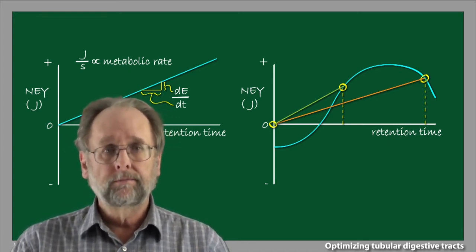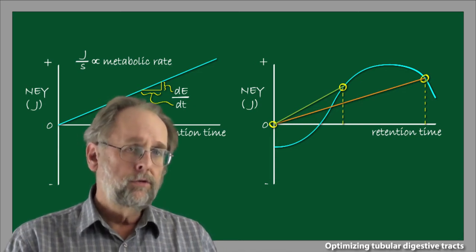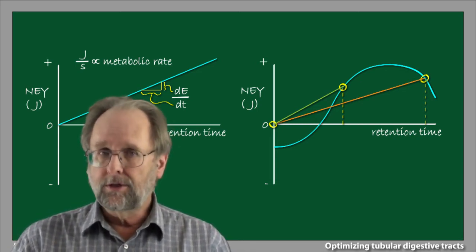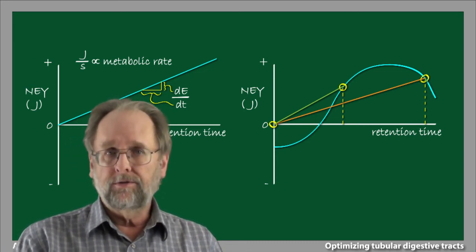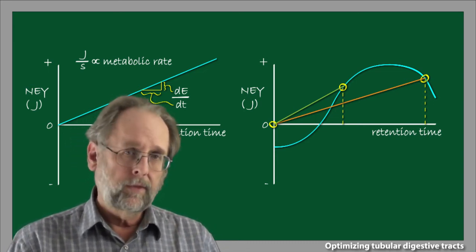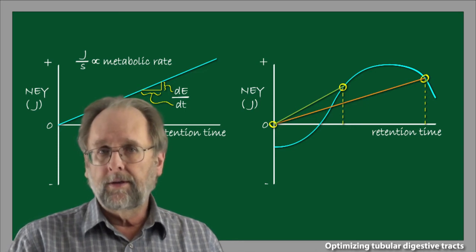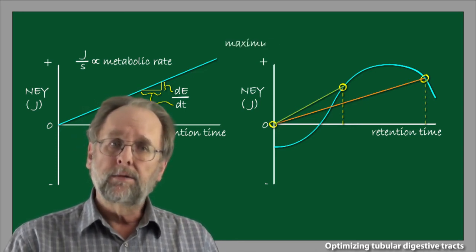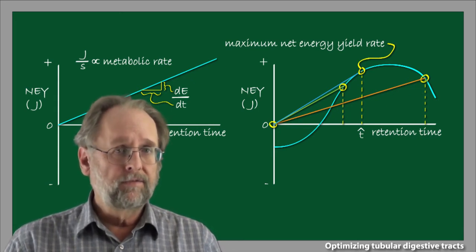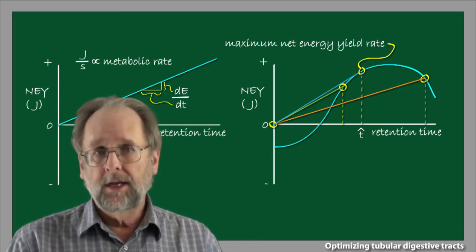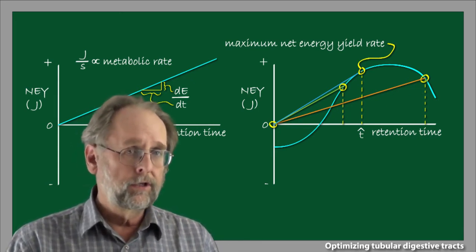That seems good. You can try this yourself by drawing this curve on a piece of paper and tracing out various scenarios for net energy yield rate. If you do, you'll find that the net energy yield rate is maximized for a retention time where our straight line is fixed at the origin and is just tangent to the net energy yield curve.